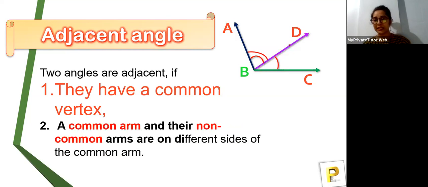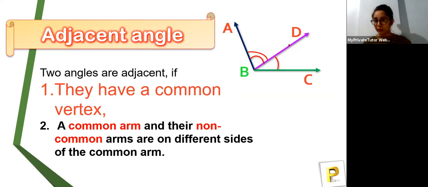So they have a common arm, and the non-common arms are AB and BC. Because if you talk about ABD and DBC, BC and AB are not present in both of them, but BD is present in both of them.